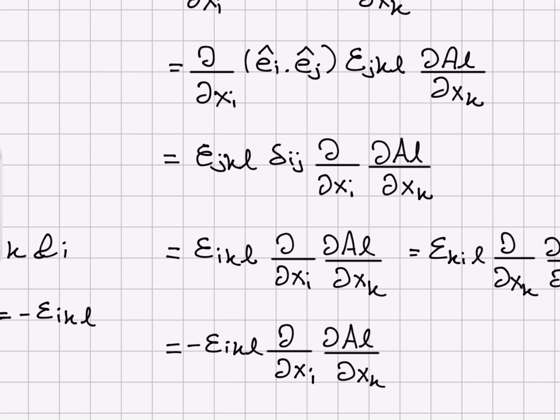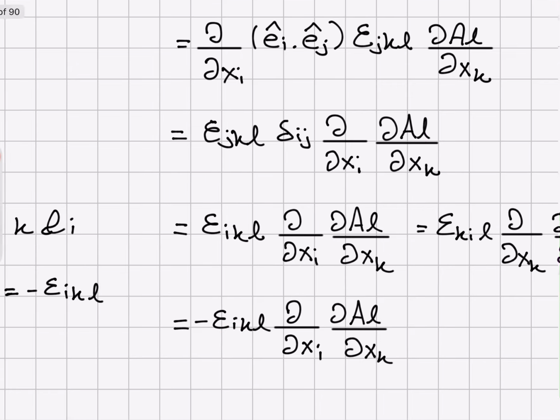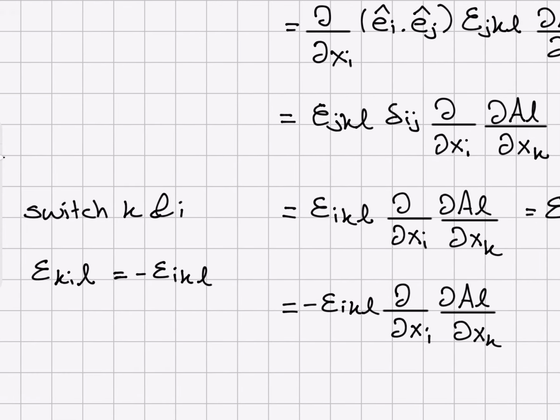So what I have done here is I have substituted for epsilon kil minus epsilon ikl, and then I have changed the order of the derivatives because the order of the derivatives does not matter.